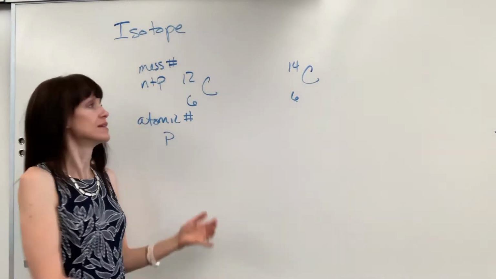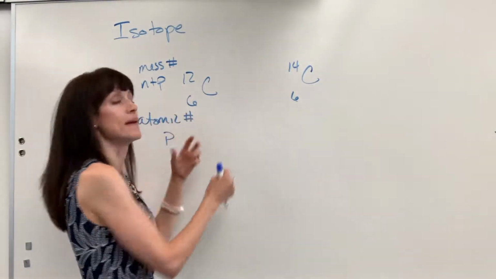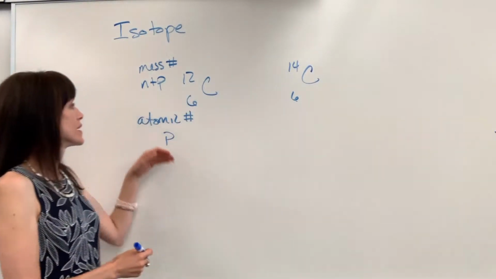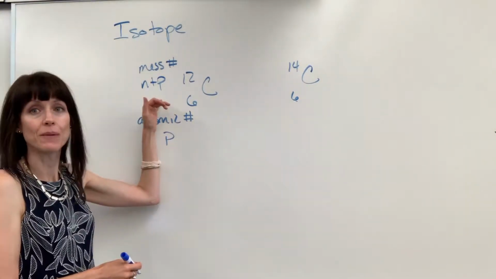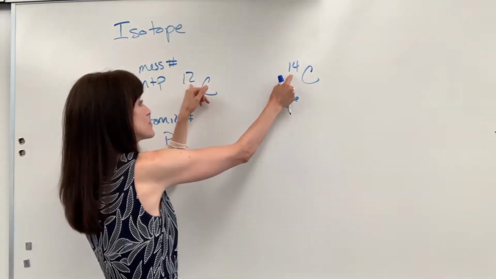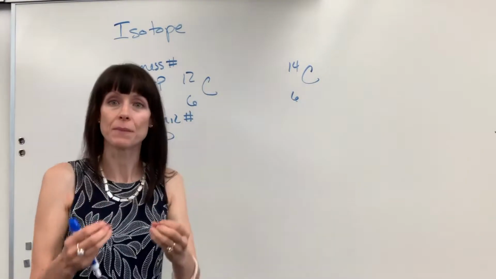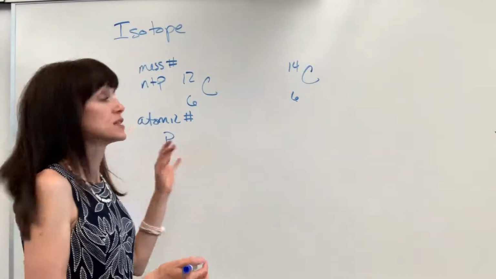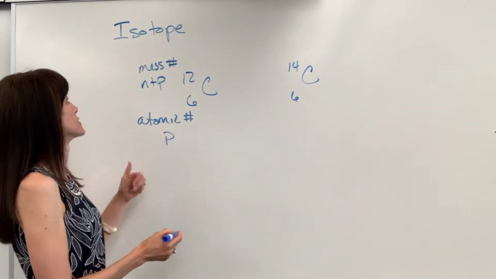Now what's different, right up there? The mass number is different. Well, if the number of protons has to stay the same, that means the difference between the 12 and the 14 is the number of neutrons. So let's put down a couple of notes on this.